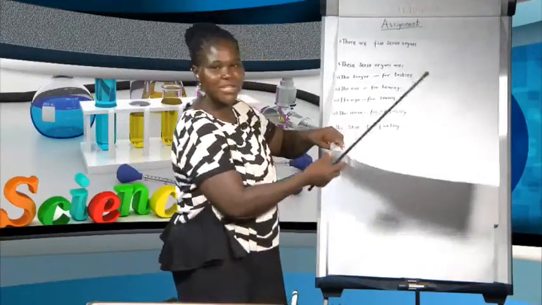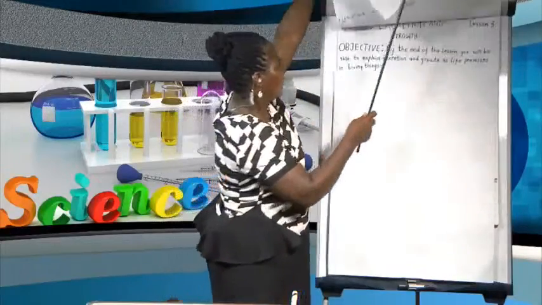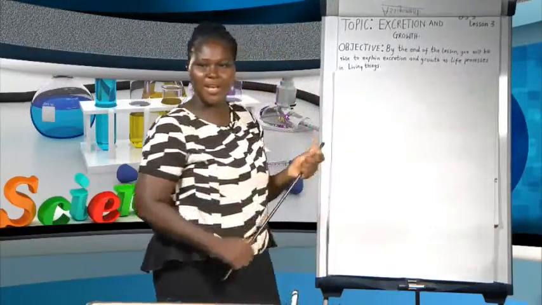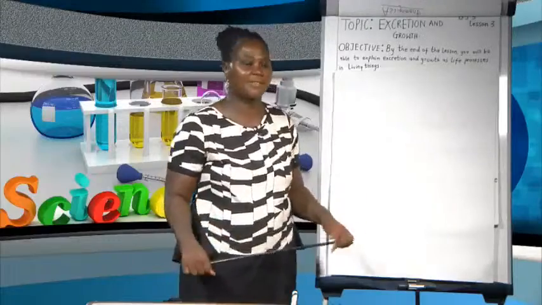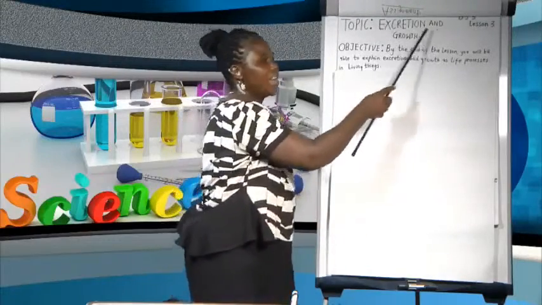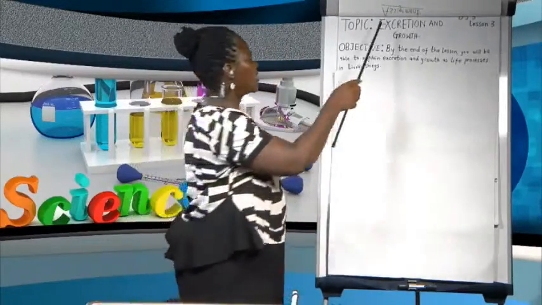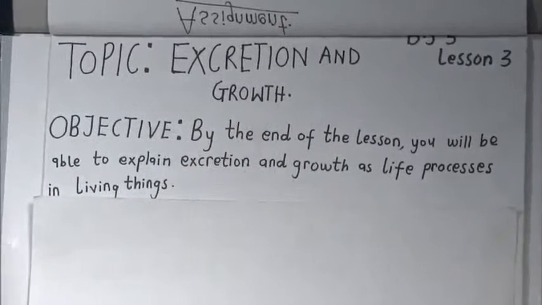Now let's look at today's lesson. Today, our topic is excretion and growth. Learners, let's look at our objective for today. After the lesson, what we are supposed to know.